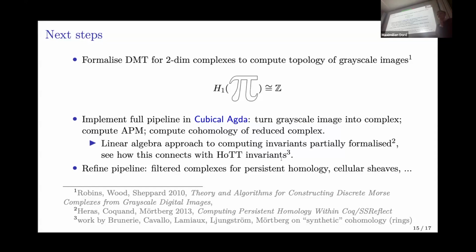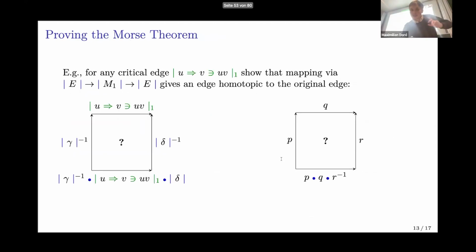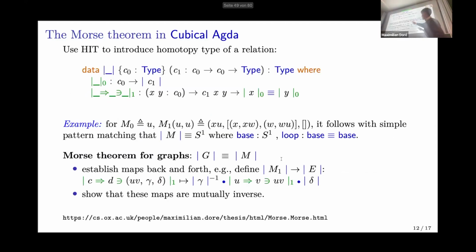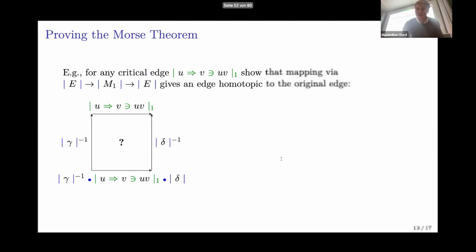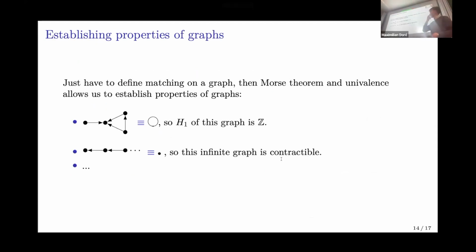So when establishing these equivalences, which involves a lot of manual work at this point, is there any automation of that on the horizon? I should say this equivalence we have once and for all, right? We have for all graphs that they're equal to the Morse reduct. Then the question is how do you know that the Morse reduct is equal to this?